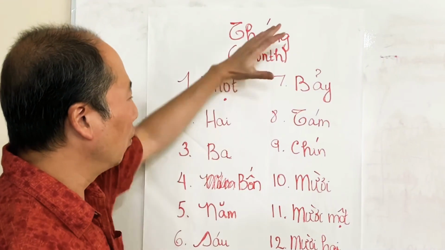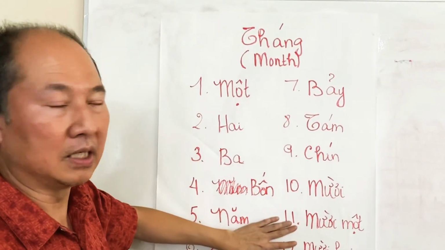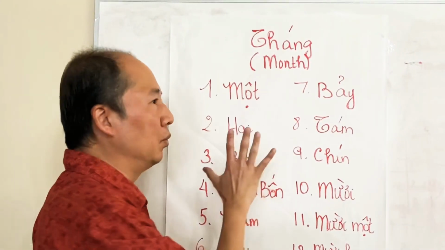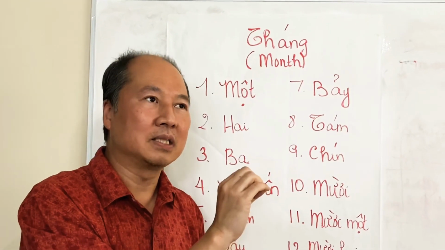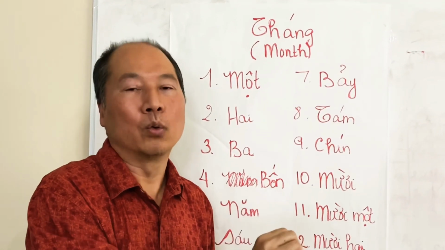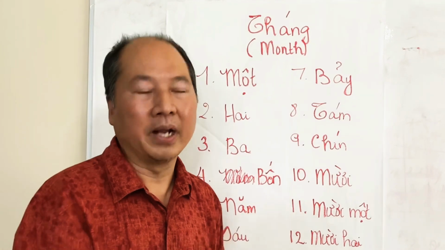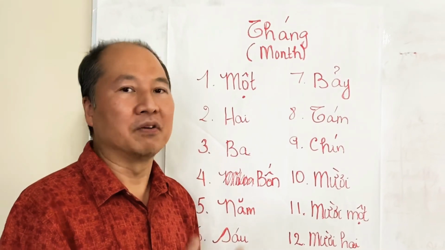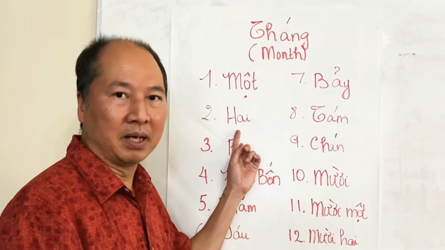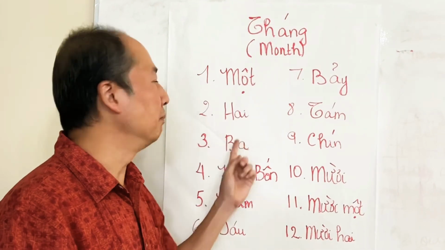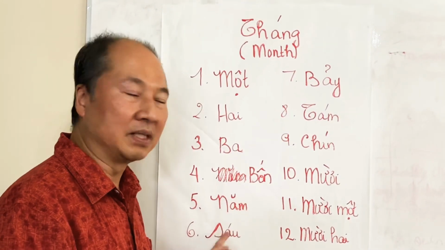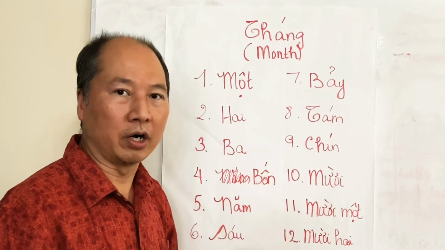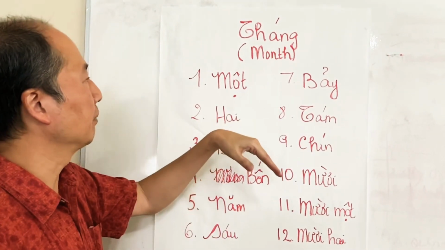So this is how we communicate the months of the year. As I said, I can't emphasize this enough: there is literally no word for January as English would have it. It's more like the first month, the second month, or month 1, month 2, month 3, month 4, month 5, month 6, month 7, and on and on. Let me quickly recap this and then we'll wrap up.